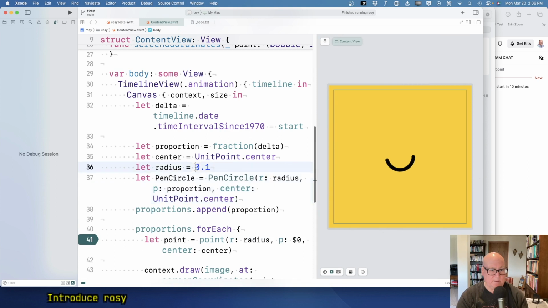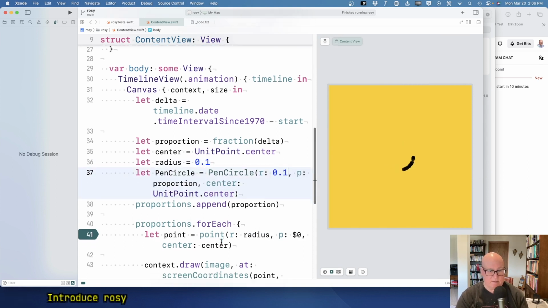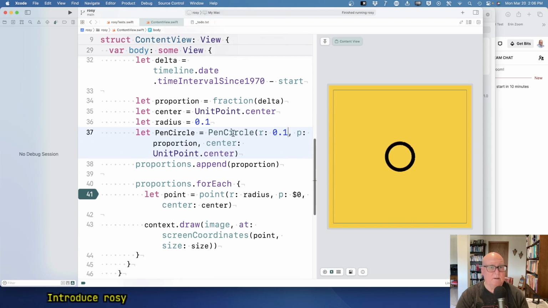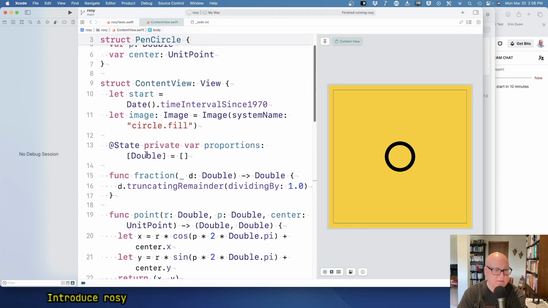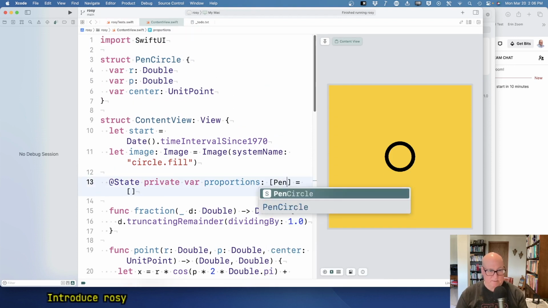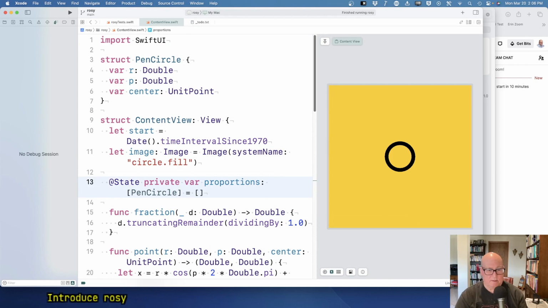Okay, and I think here we can just inline this, and that's inlined, and then this. Okay, we'll inline that in a minute, but let's put these in our thing instead of just doubles. Pen circle.